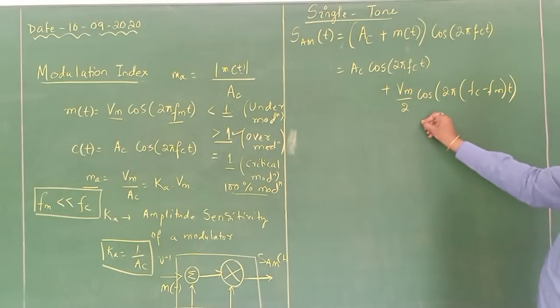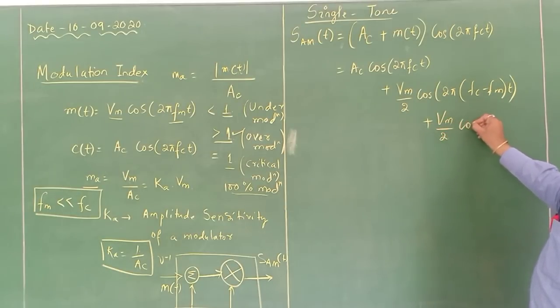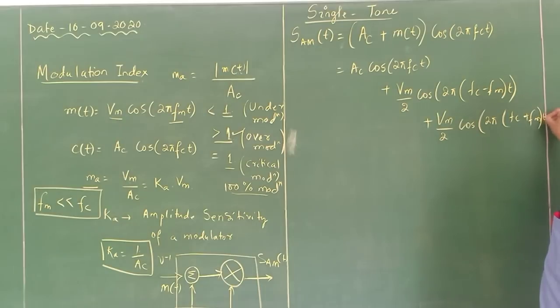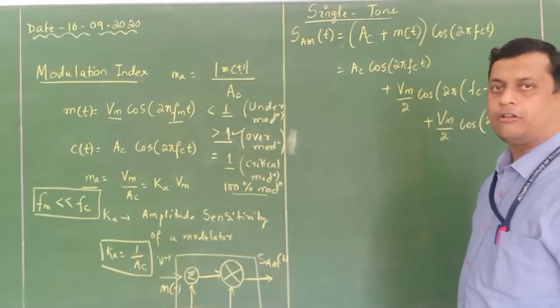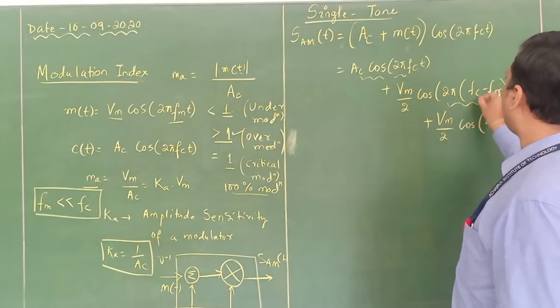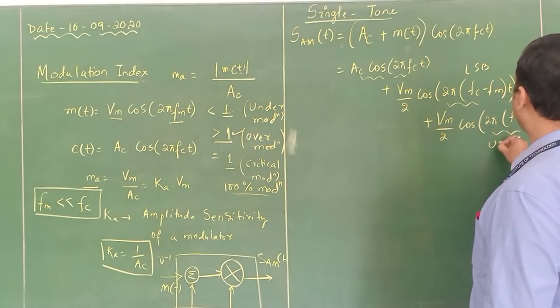This is the lower sideband, and another one Vm by 2 cos of 2 pi (fc plus fm) t. So this is the upper sideband. So a single tone modulated signal consists of carrier, lower sideband, and upper sideband.